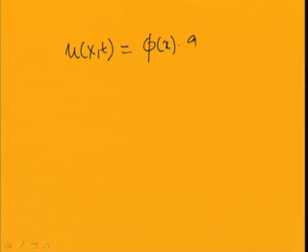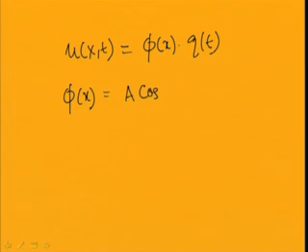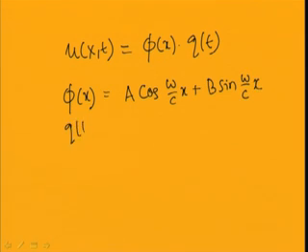and already you have solved this wave equation and found the response u x t can be written in this form, u x t equal to phi x into q t, where this phi x you have written as a cos omega by c x plus b sin omega by c x, and q t you have written in this form, q t equal to c 1 sin omega t plus c 2 cos omega t.